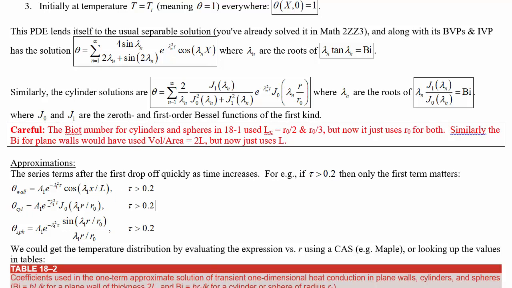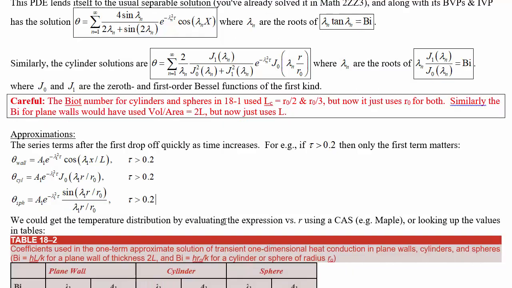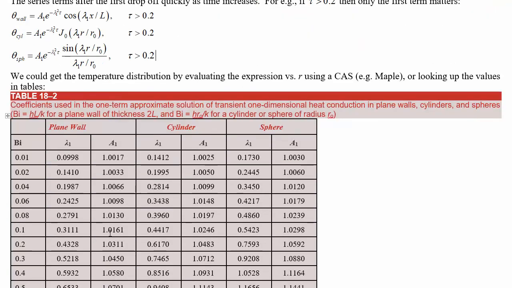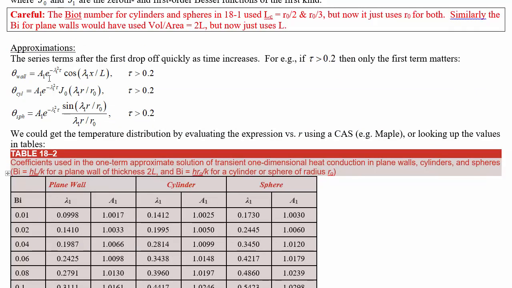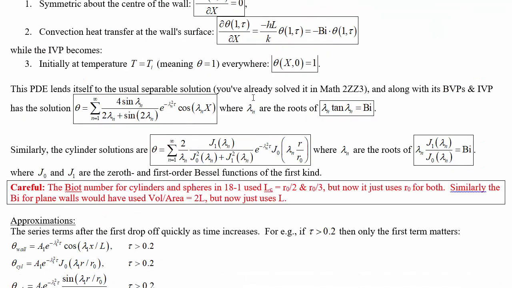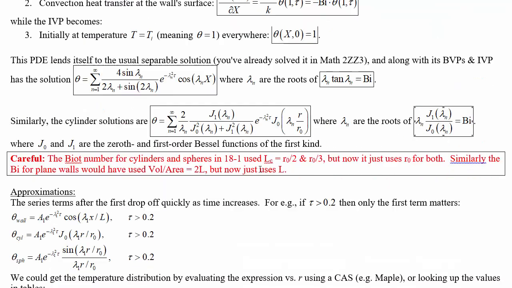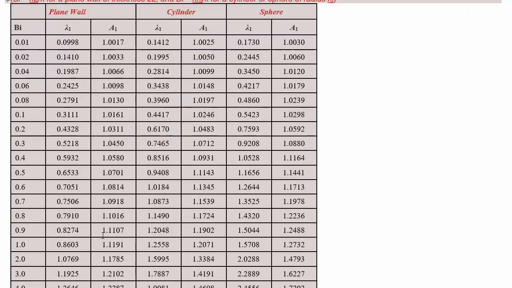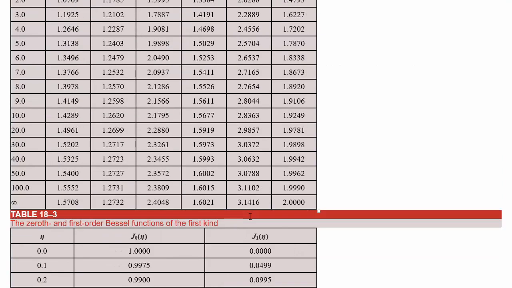For the cylinder, it's the same kind of thing except with a zeroth order Bessel function of the first kind. And for the sphere, it's the same thing, but now multiplied by what you may call a sinc function, sine of lambda 1 r over r naught over lambda 1 r over r naught. Now, there's a convenient table in the book that shows you what the coefficients are in front of these one-term approximations and what the first root of the generating functions are for each of these approximations as well, depending on which Biot number you're dealing with.